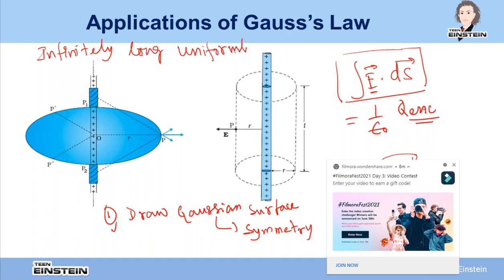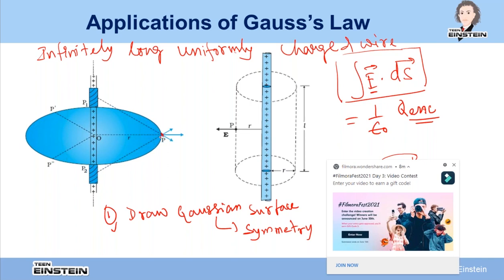To calculate the electric field at any distance r, or at any point P which is r distance away from the infinitely long wire, first of all you have to draw a Gaussian surface, and that surface is actually of cylindrical shape, because this wire has a cylindrical symmetry.